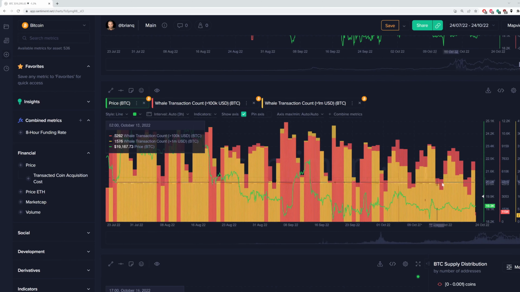A declining amount of whales, which means they're mostly just stagnant. Not a lot of huge transactions going on compared to historically for Bitcoin right now. And like I said, it doesn't really mean anything for price until you start to see a big spike stick out. And that usually only happens when there's a lot of volatility, with prices sliding down for a long period of time or moving up for a long period of time.